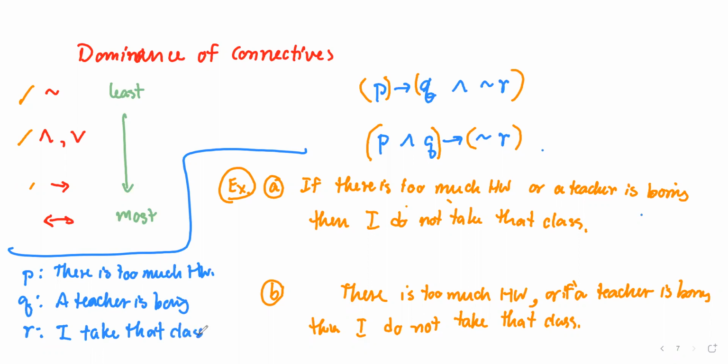Okay. So when we define P, Q, and R for the statement in A, we see the if then, and we see the or.